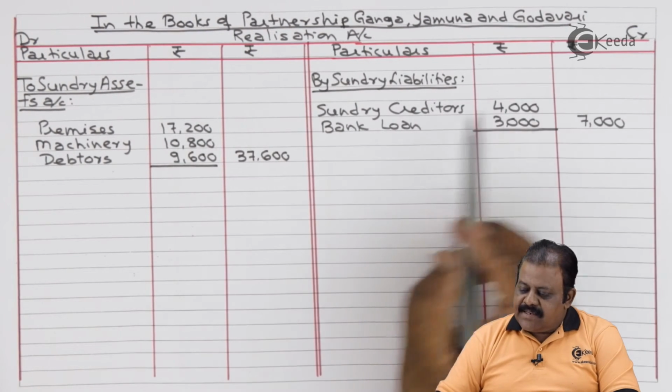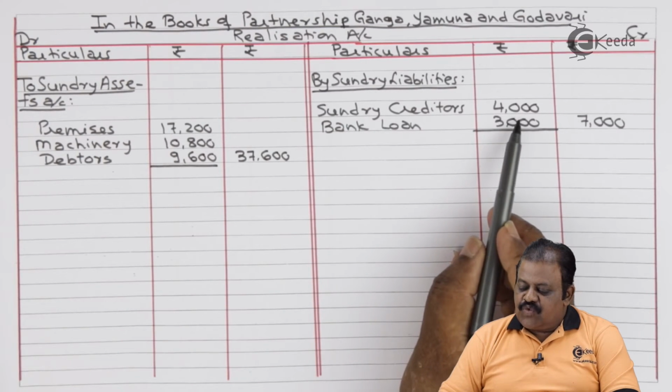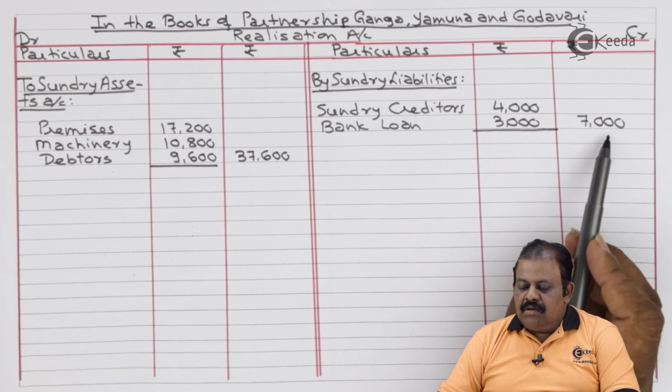Realization account credit side, by sundry liabilities, sundry creditors 4,000, bank loan 3,000, total book value 7,000.